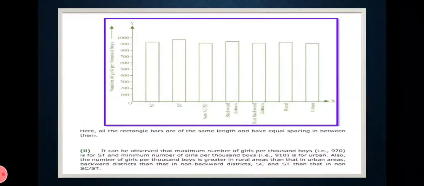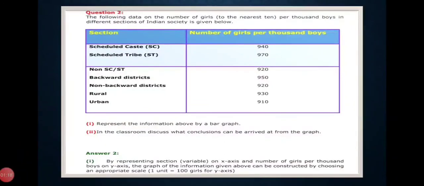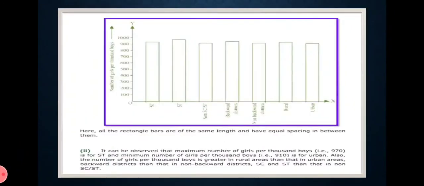On x-axis we have to take, leaving alternate box, that is leaving one box, we will write the sections, that is SC, ST, non-SC, ST, then backward districts, then non-backward districts, then rural, and then urban. These all sections will be mentioned on x-axis leaving one unit.